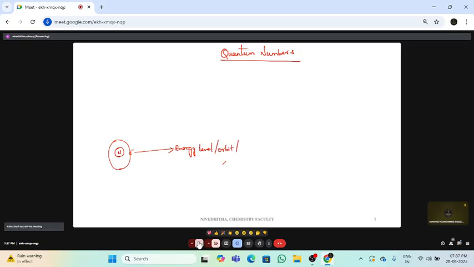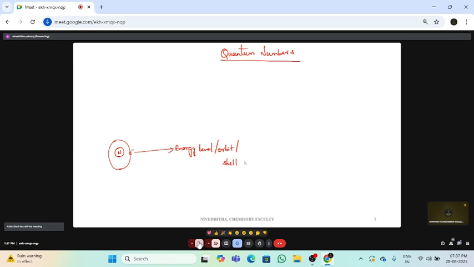So now we'll start with quantum numbers. Here is my nucleus, in which we have protons and neutrons, and around this nucleus electrons are revolving in a particular path called an energy level, which is also called an orbit, or also called a shell.